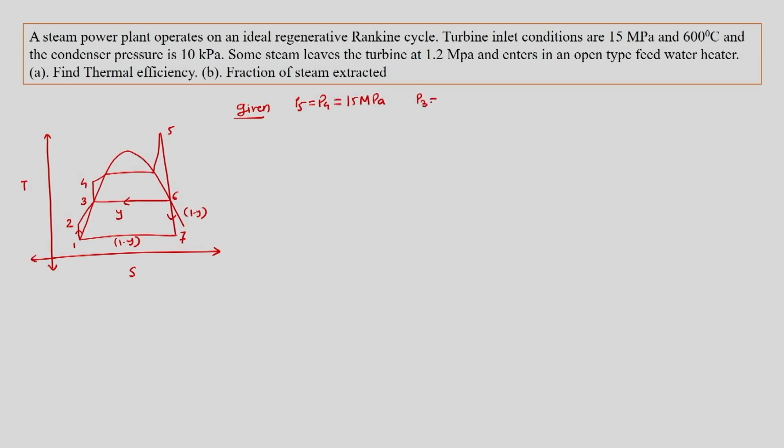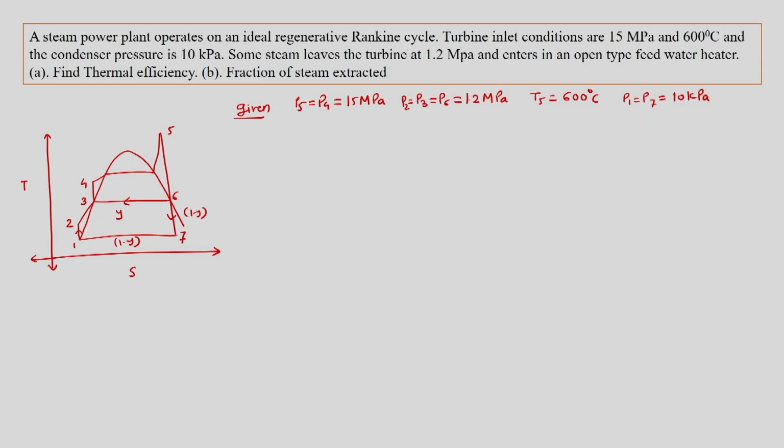Then P3 is equal to P6 is equal to 1.2 megapascal. Further, T5 is 600 degrees Celsius, and P2 is also equal to P3, which is equal to P6. Further, P1 is equal to P7 is equal to 10 kPa.